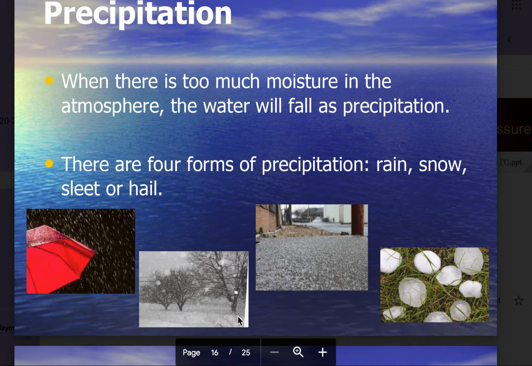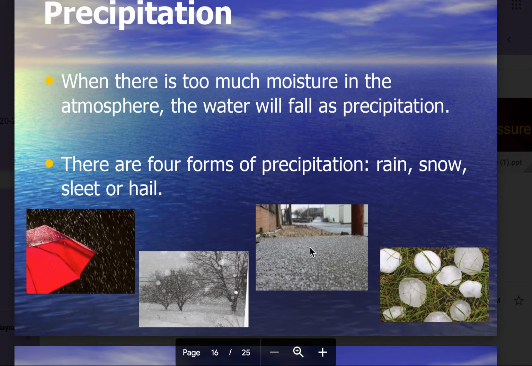Okay, precipitation. So there's always some moisture in the air, but when there's a lot, that water and moisture falls as precipitation. And it depends on the air temperature on what type of precipitation falls. Rain, snow, sleet, or hail.